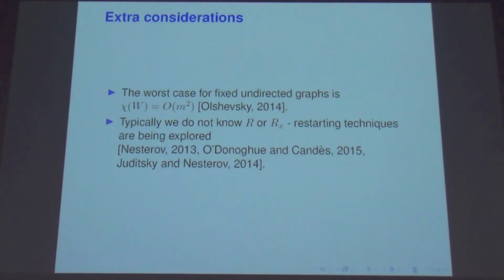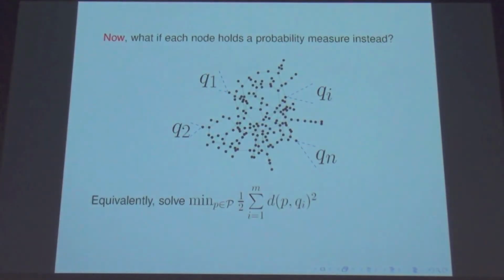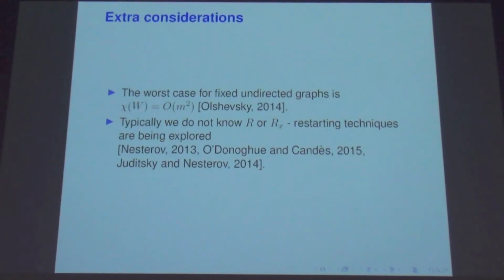And you can imagine this in the simple case. For example, imagine a line graph. It's a graph that looks like the following. Of course, for this graph, information from this node cannot travel to the last node in less than the number of nodes in the line, right?